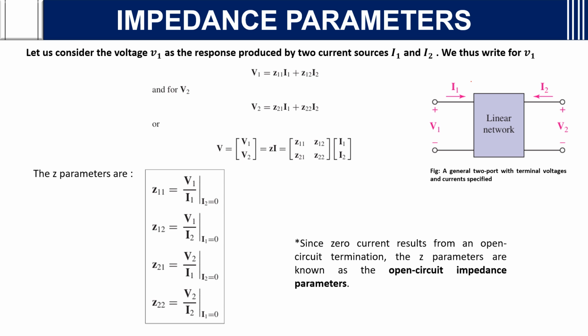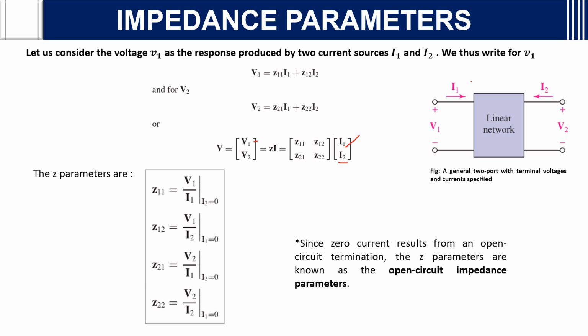After that, you can see that the Z parameters are: Z11 equals V1 by I1 when I2 is 0, and Z12 equals V1 by I2 when I1 equals 0.